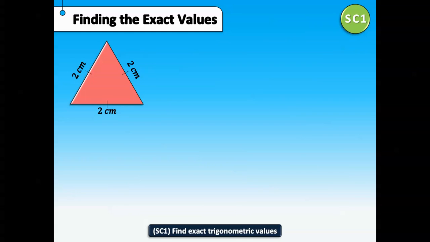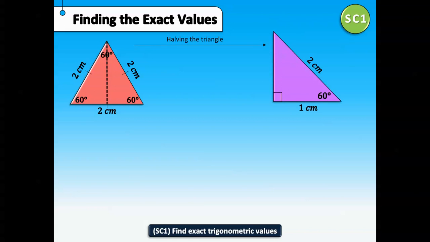So now we're going to work out 30 and 60. So if we think about an equilateral triangle with all the sides that are 2 centimetres. Because it's an equilateral triangle, all the angles must be 60 degrees. If we chop this triangle in half, we get this triangle.